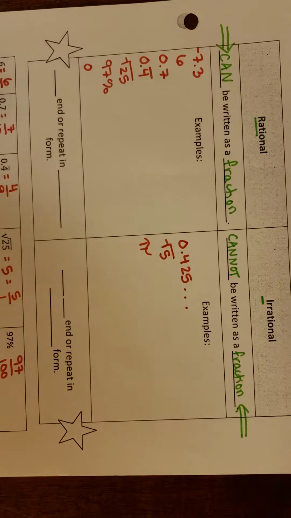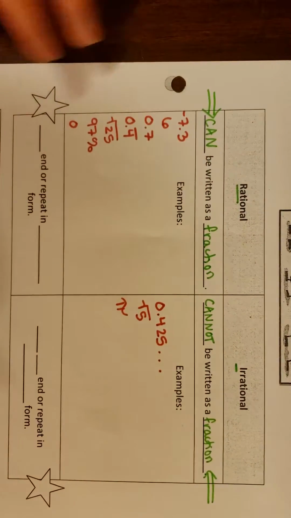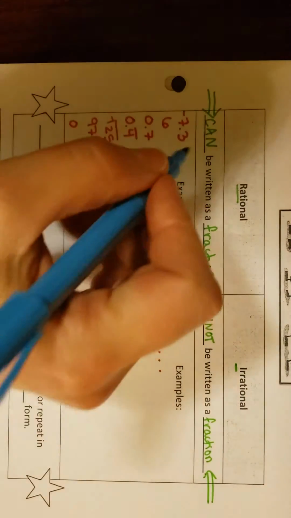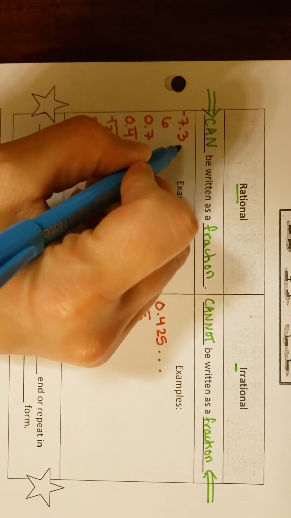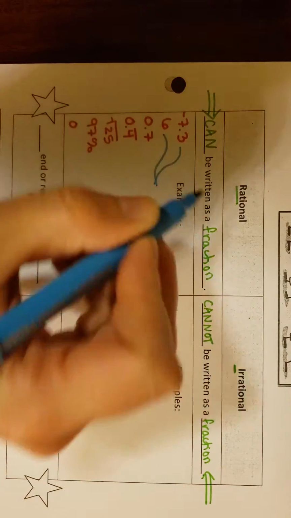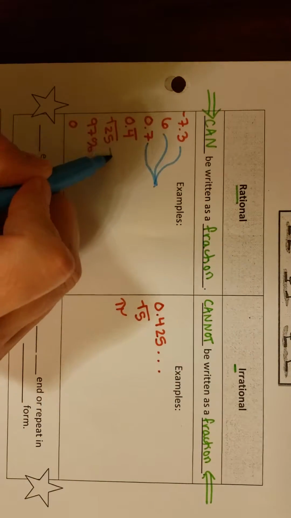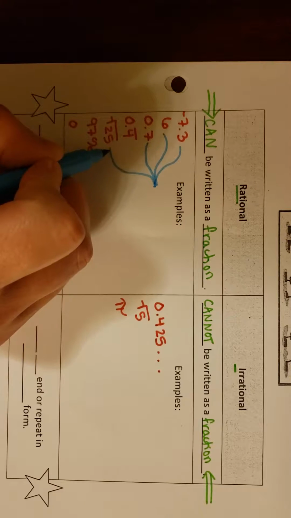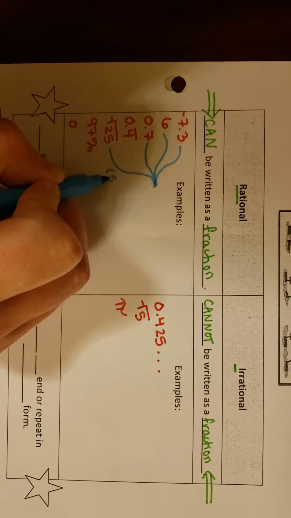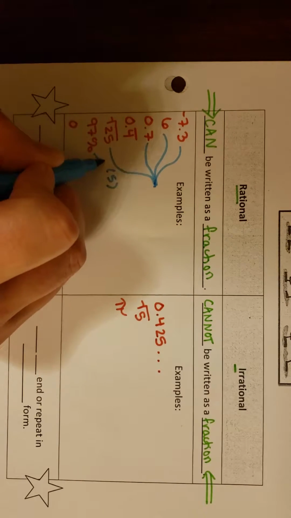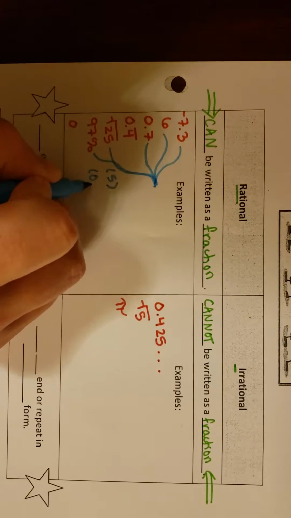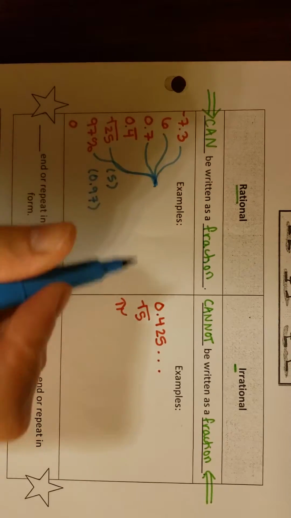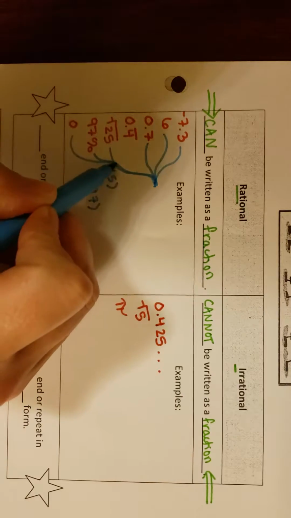All right, I told you that we were going to talk about decimals, and we've just been talking about fractions for almost 9 minutes. So let's get to it. Let's study all of our rational numbers. You will see that this one, this one, this one, and that one, because this is 5, this one, because it's 0.97 as a decimal, and this one all have something in common.